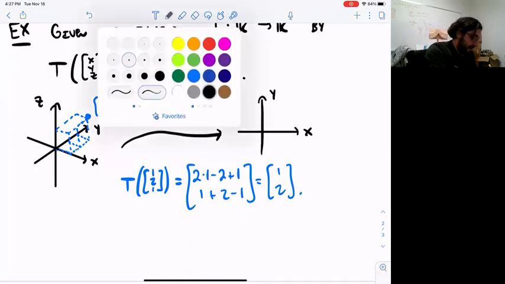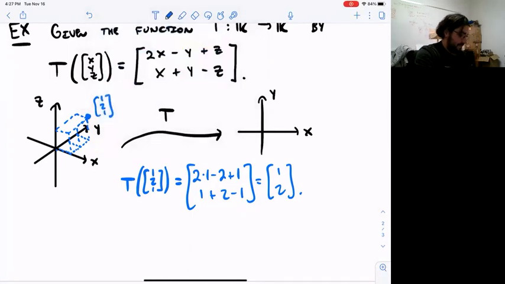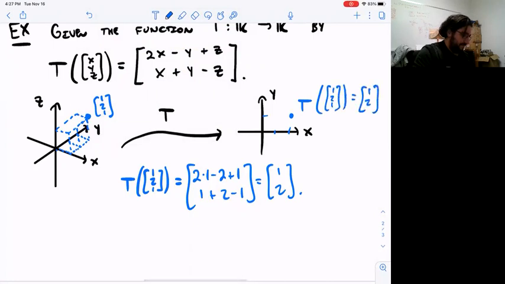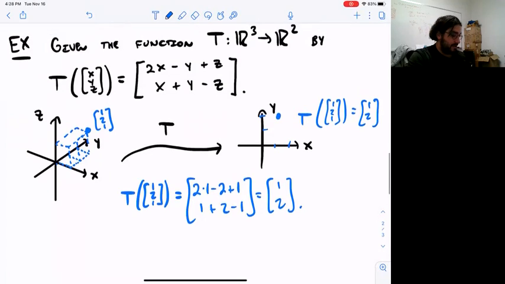It's going to end up here at 1, 2. There we go. So there's the original point, T of 1, 2, 1. It gets sent here to this point 1, 2, which I plotted wrong. Here we go. 1, 2. So there we have an example of this function mapping one point to another point.